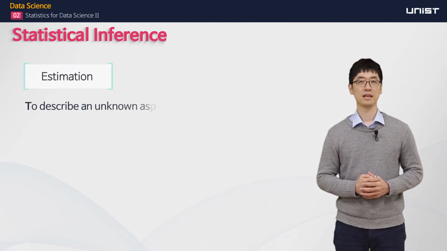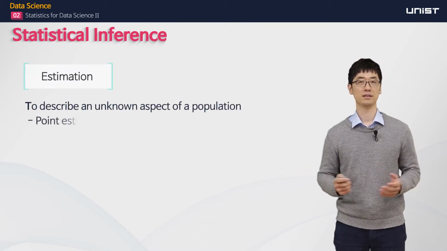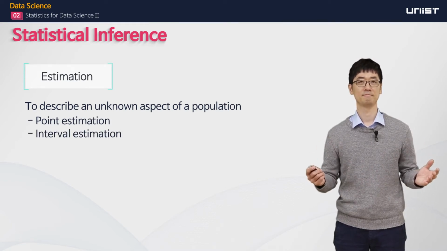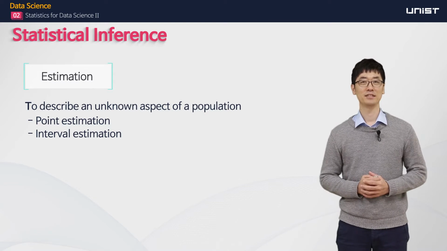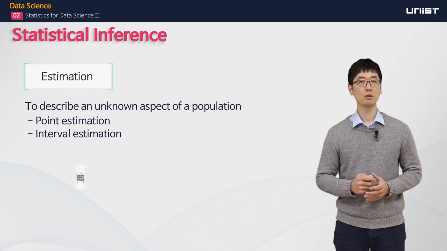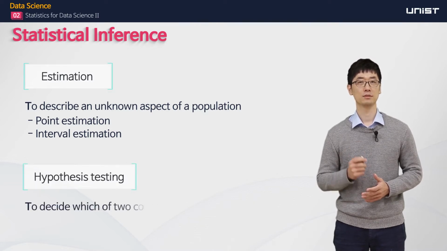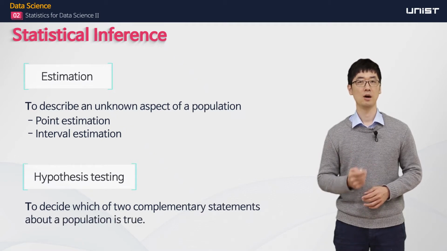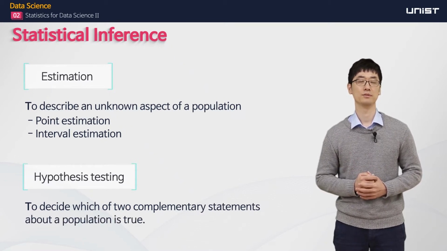Statistical inference can be divided into two areas: estimation and hypothesis testing. In estimation, the goal is to describe an unknown aspect of a population. The goal of hypothesis testing is to decide which of two complementary statements about a population is true.